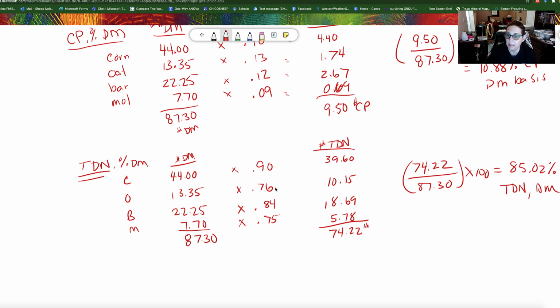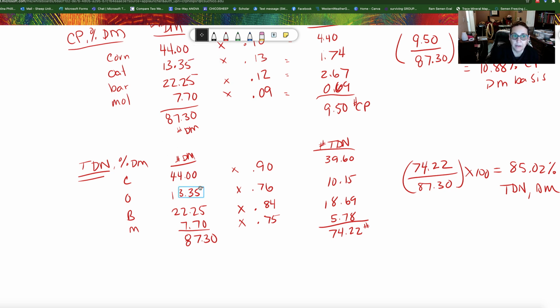The same for protein. It makes sense that it's somewhere between 9 and 13% and probably closer to that 10 mark just because we have so much corn in the diet. So these values are making sense, logical, and representing the mix that we are working with.